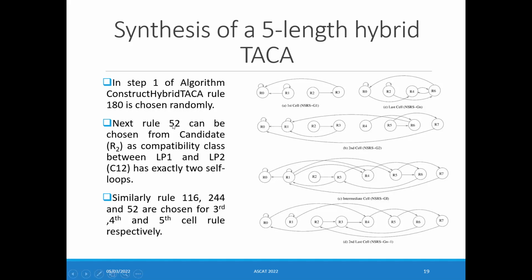So rule 52 can be chosen because in the compatibility class there are exactly two members. Similarly, for the third cell, we can choose 166 for the same reason. Similarly, 244 and 52 can be chosen for the fourth and fifth cells respectively.